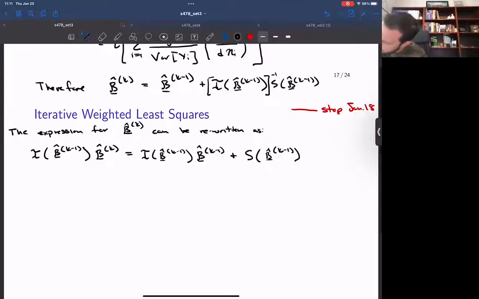Okay, and I'm going to call this equation 4 so that I can reference it later.